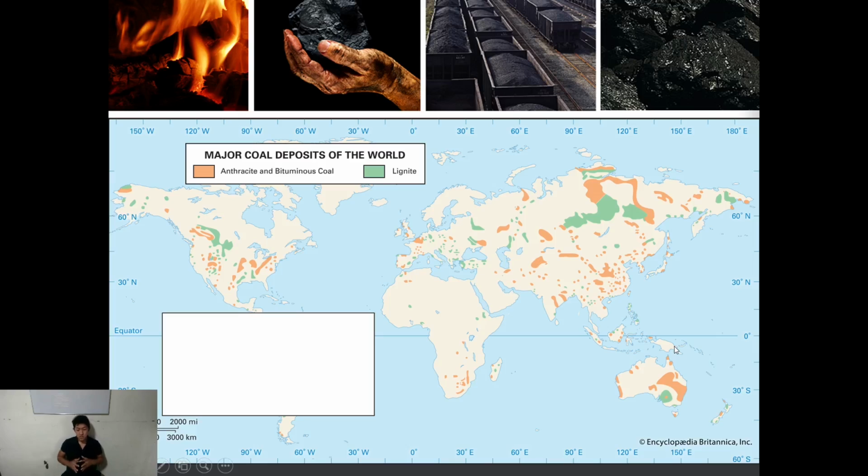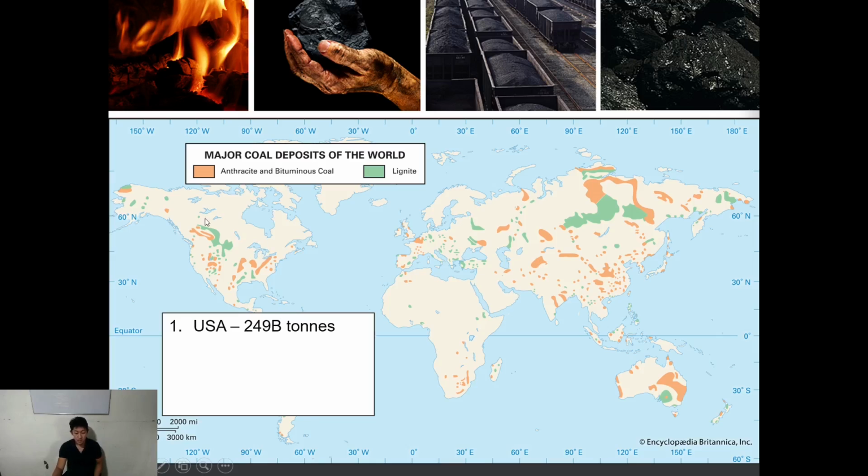Okay, so these are the major coal deposits of the world. These are the countries that contain the largest amount of coal reserves. The first, the largest coal deposit, is situated in the United States.